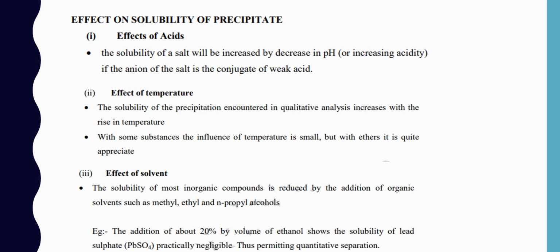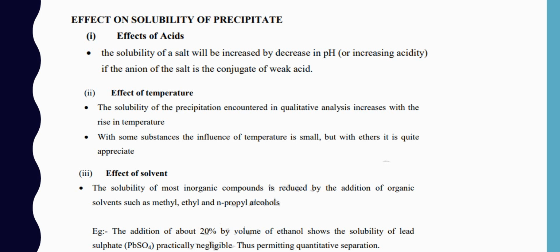Effect of temperature: the solubility of the precipitates encountered in qualitative analysis increases with a rise in temperature. So the precipitate may get solubilized if we increase the temperature. With some substances the influence of temperature is small, but with others it is quite appreciable. Most substances get solubilized when we increase the temperature, but with a few it has no effect.